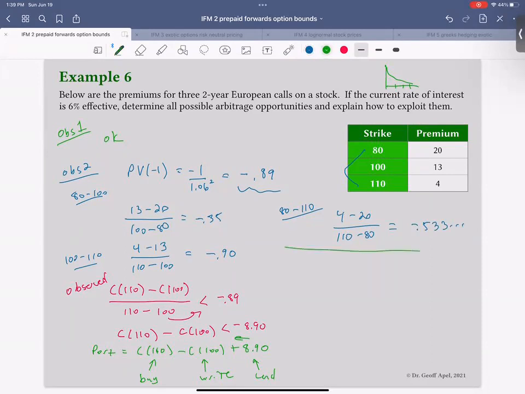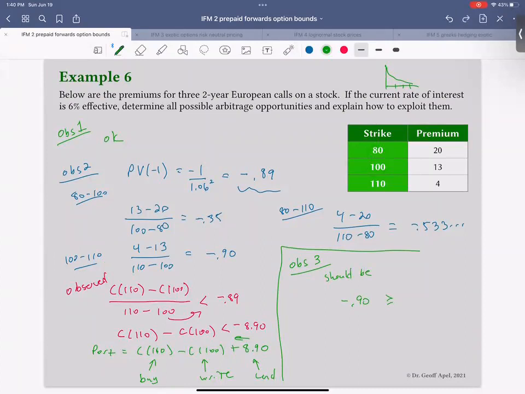And I just want to go now and try observation number 3, which was the concavity argument. In other words, the slope with the later 2 should really be more than the slope from the earlier 2. But it's cool because I've already done those slopes. The slope from the later 2, these two, the 100 and 110, should be more than or equal to the earlier 2 slopes, the 80 and the 110.